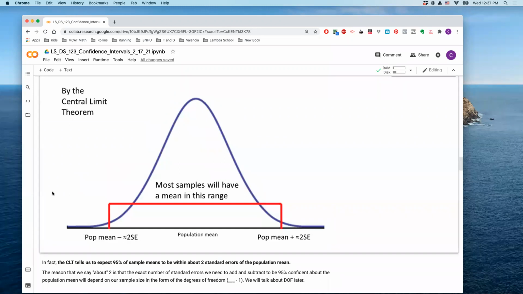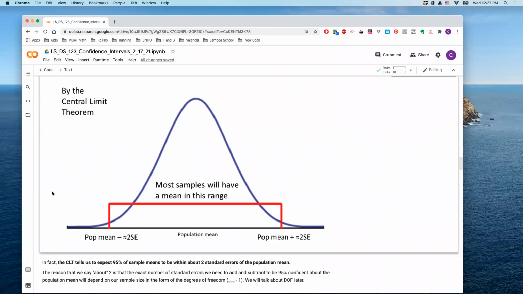So way back on Monday, we kind of quickly passed through a graphic that said, part of the reason that we care so much about the normal distribution is it has this really nice property where about 68% of observations fall between plus and minus 1 standard deviation, if you're talking about one observation, or plus and minus 1 standard error when we're talking about the mean. 95% of sample means will fall between plus and minus 2 standard errors, and 99.7% will fall between plus and minus 3 standard errors.